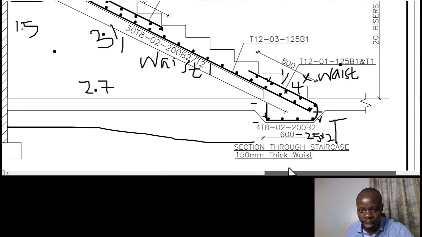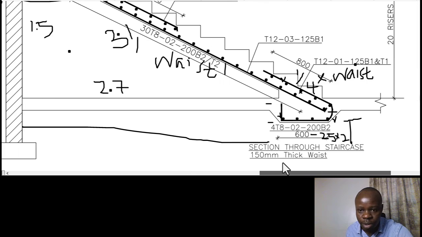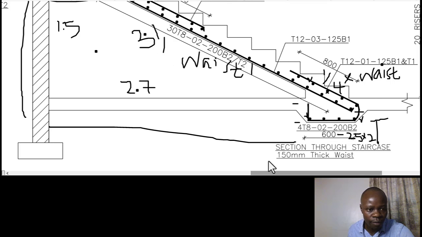For us to get that, the first one is the slab, and the slab is 150. Then there is this portion that is slanting. For the slanting part, the slab itself is 150, but you can see it's not ending the whole of it. This other one is also 150.